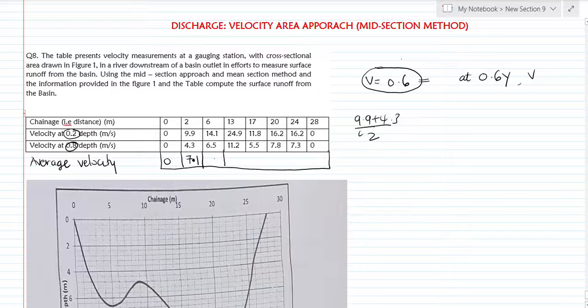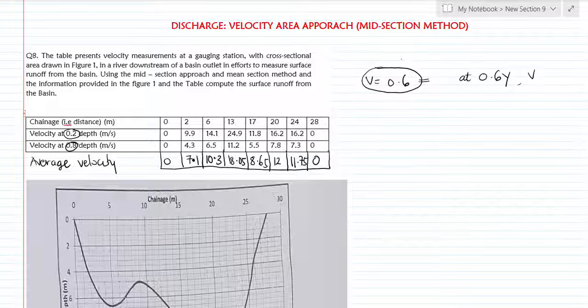Then here we have 14.1 plus 6.5 divided by 2, that is 10.3. You do the same for the rest of the sections. So 24.9 plus 11.2 divided by 2 gives 18.05. 11.8 plus 5.5 divided by 2 is 8.65. Then it goes on, and this will be the average.